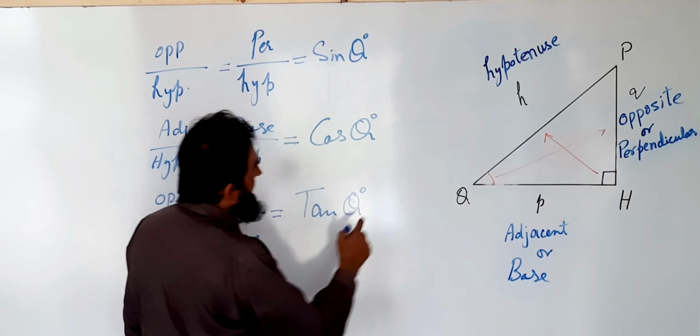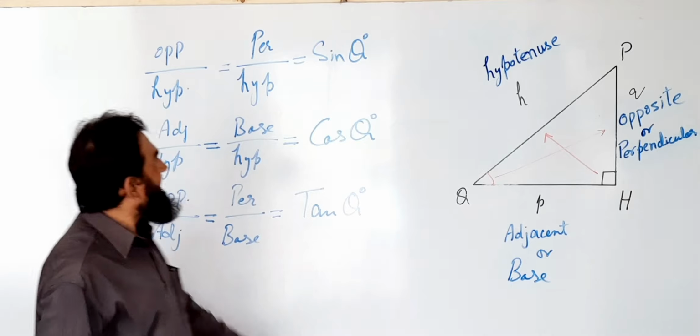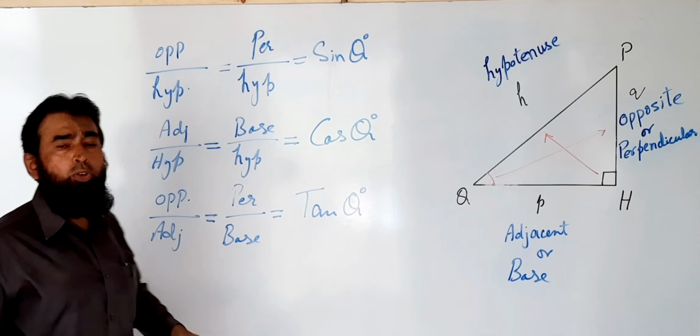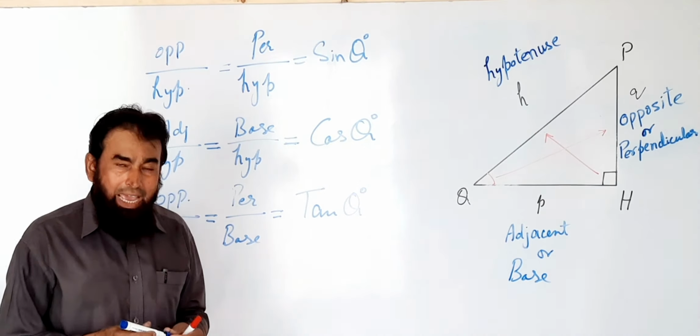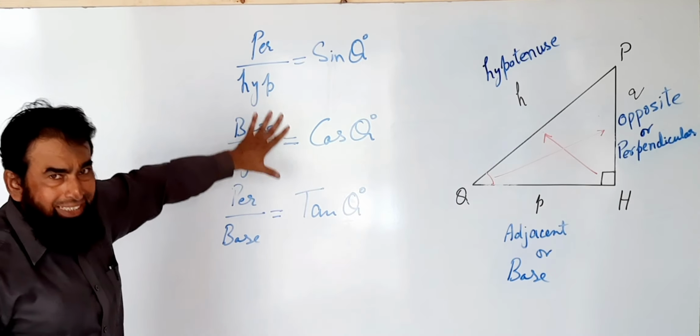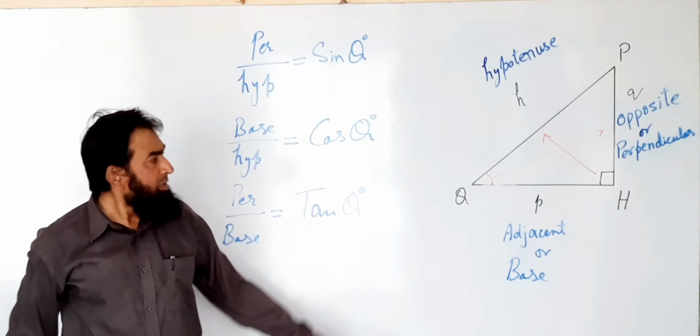So these are the ratios with reference to Q. Whether you learn these names or those, whatever you find easier, you can apply. Here I am going to use these names: perpendicular over hypotenuse, base over hypotenuse, perpendicular over base. With reference to these names, I'll solve the sums.